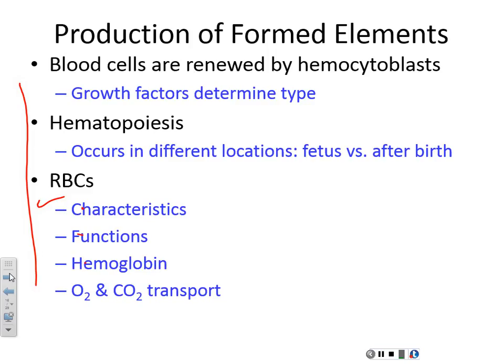Then know about hemoglobin, how it has those 4 heme groups and how it's recycled: the breakdown of hemoglobin, where you have the globin and the heme is broken down to iron and the pigment bilirubin, right?